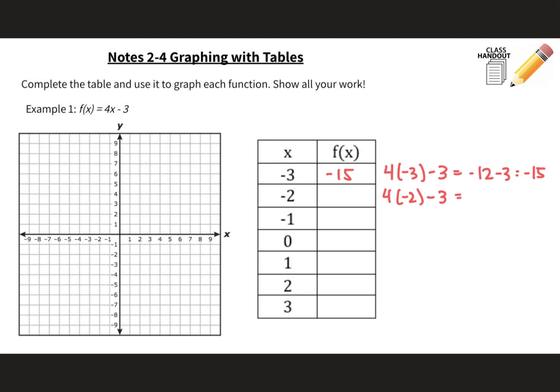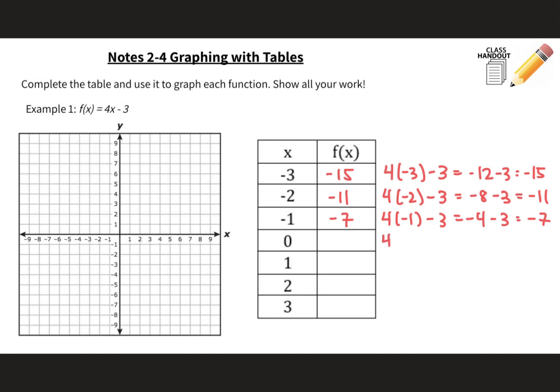So 4 times -2 is -8, minus 3, that's going to give me -11. Then we're going to plug in -1, so 4 times -1 minus 3. So 4 times -1 is -4 minus 3. That gives me -7.